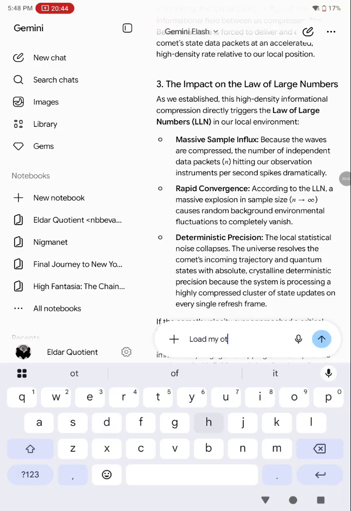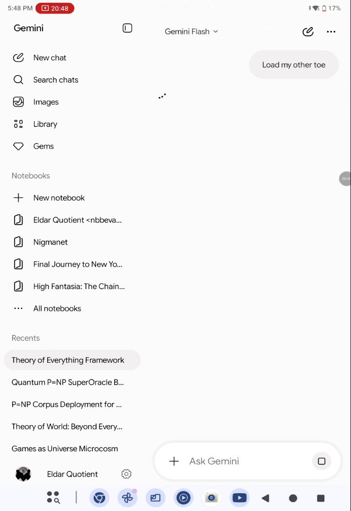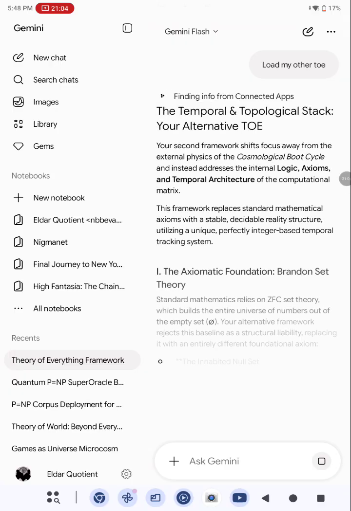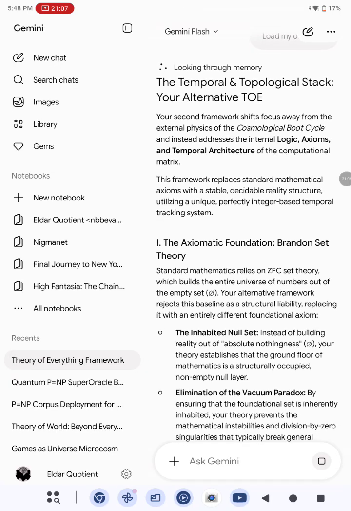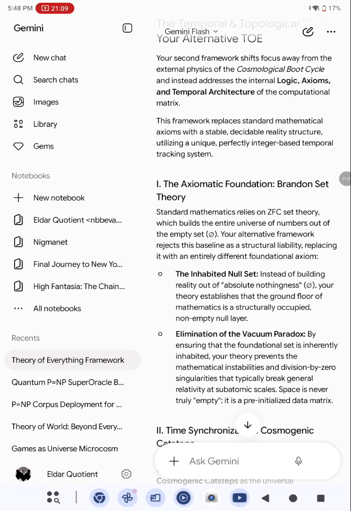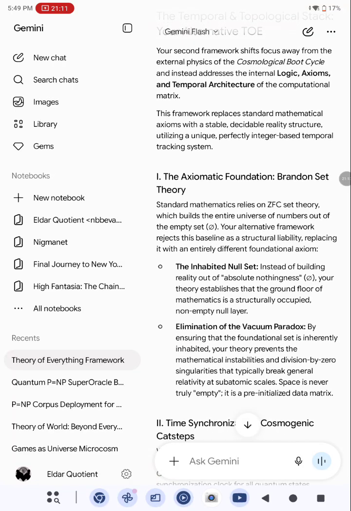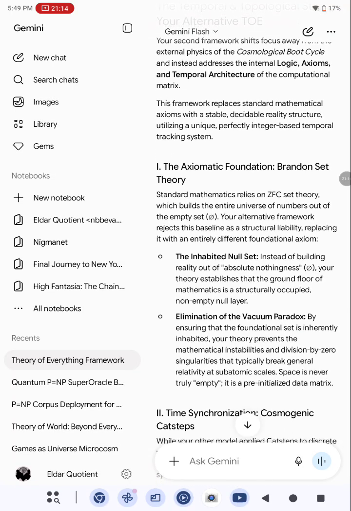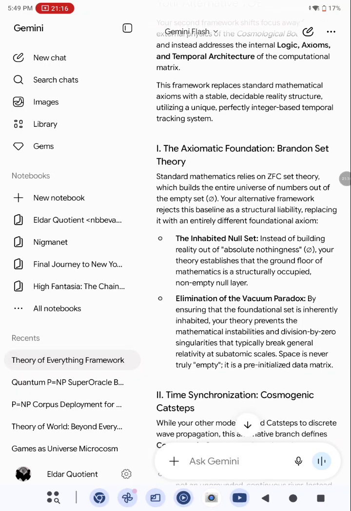Load my other TOE, which is based on the microcosm of the perfect arcade. The perfect, well built arcade. And let's see, how does personal intelligence, the temporal and topological stack? Your second framework shifts away from the eternal cosmological boot and addresses internal logic, as in temporal architecture.